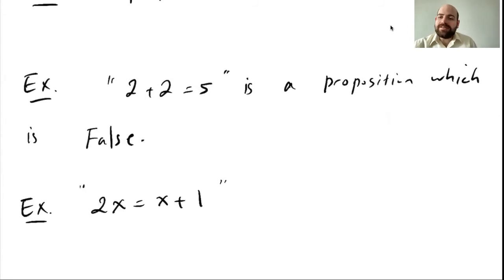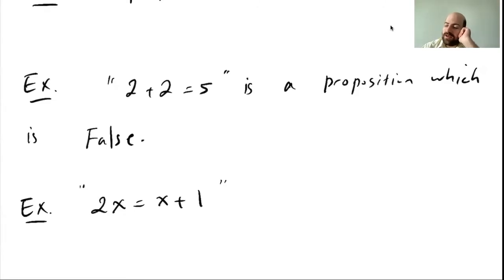We know that this is a very simple linear equation, and this equation holds and is true only for one value of x. You can easily solve for x equal to 1. So only if x is equal to 1, this is true, and otherwise it's false. I cannot say whether this is true or false because the value of x has not been specified. This statement, whether it's true or false, depends on x, but x has not been specified.